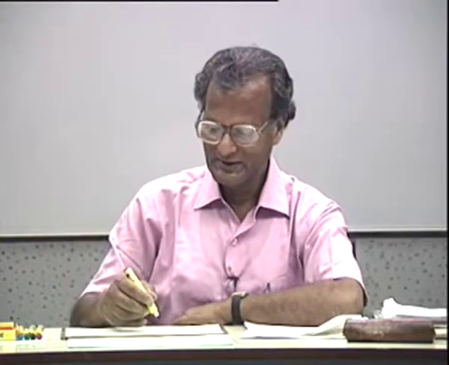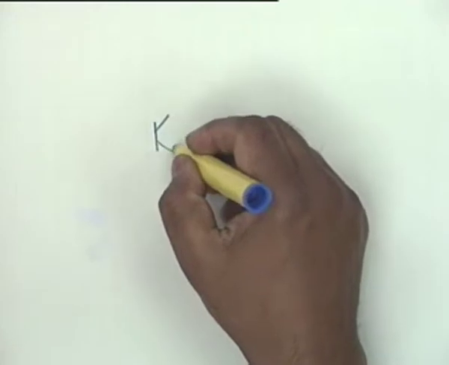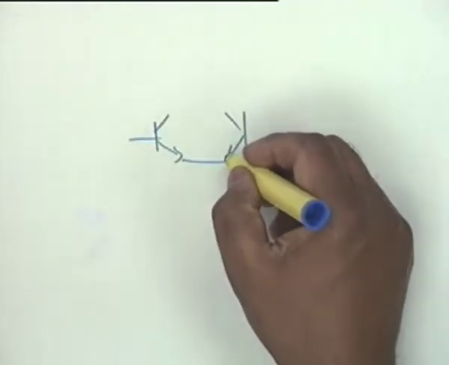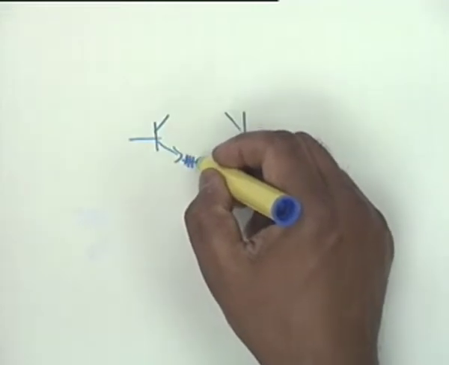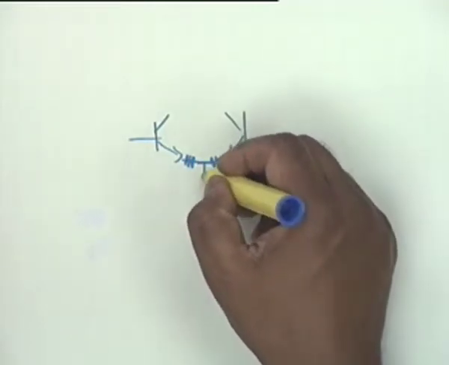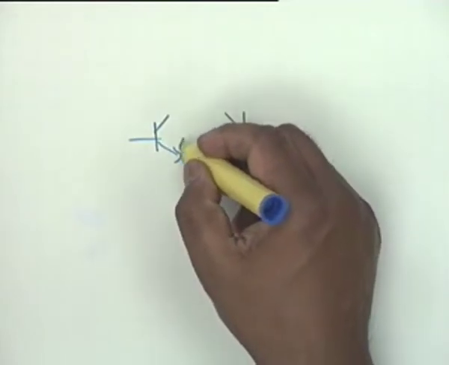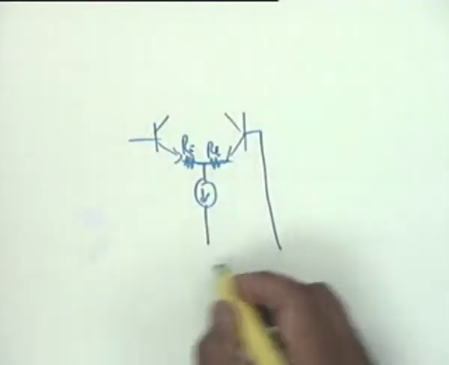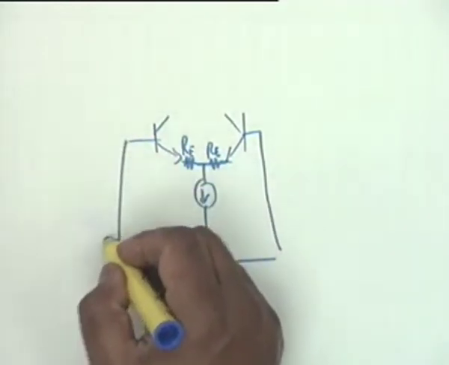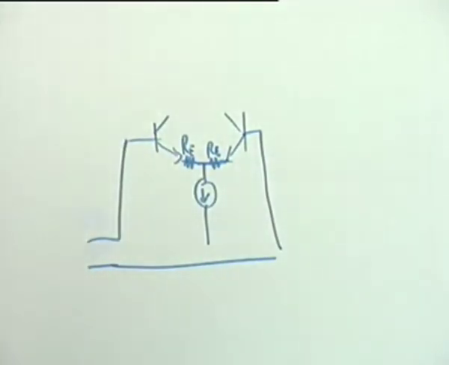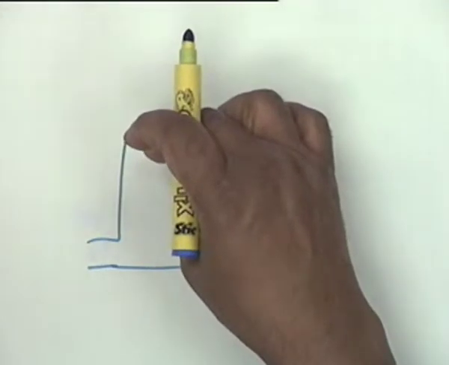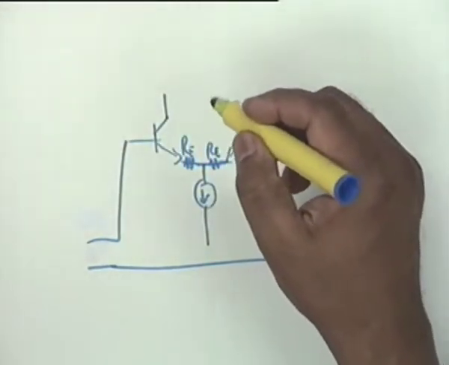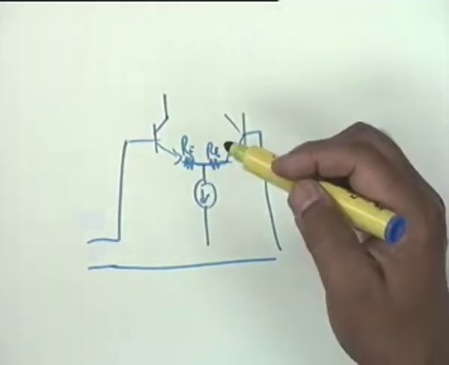For example, you know that this differential pair, with a small resistance here. Suppose you apply a voltage between these 2 points, between these 2 bases, then these voltages are converted to currents. Agreed?